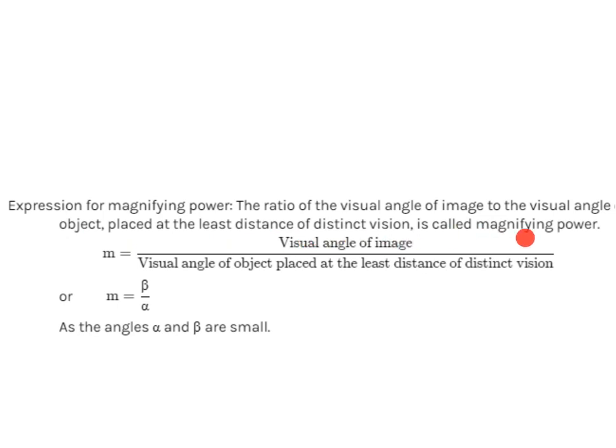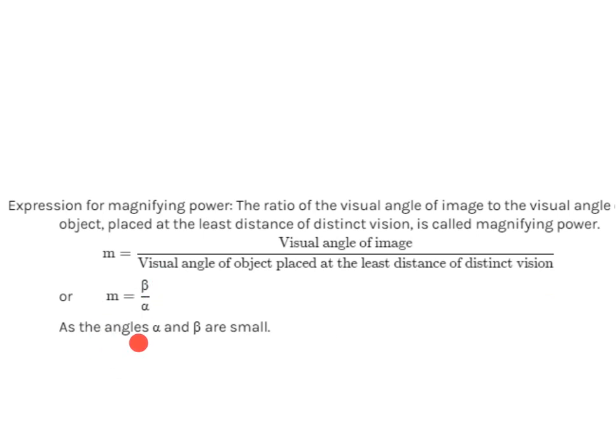So M is the magnifying power, equal to the visual angle of the image divided by the visual angle of the object at the least distance of distinct vision. Therefore, M is equal to beta upon alpha.